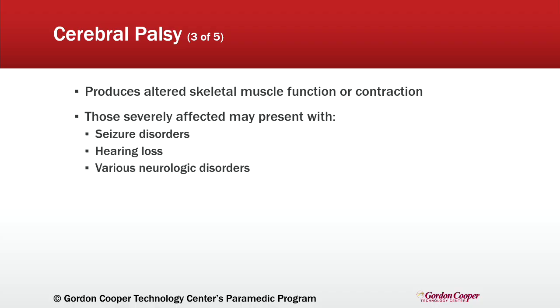The severity of the symptoms is going to range from almost unnoticeable to profoundly devastating. Severe cases may include paralysis of both arms and legs and severe intellectual disabilities. Those more severely affected often have chronic symptoms such as seizure disorders. Hearing loss may also be present, and various other neurological disorders can accompany cerebral palsy.